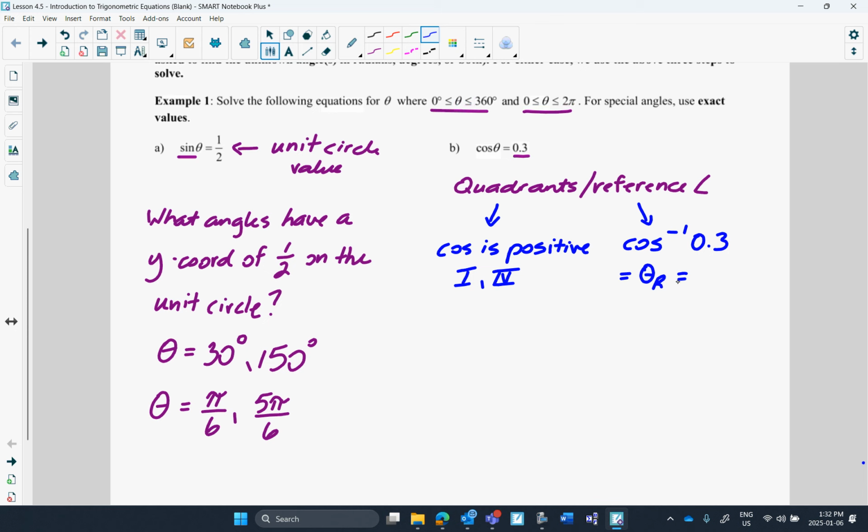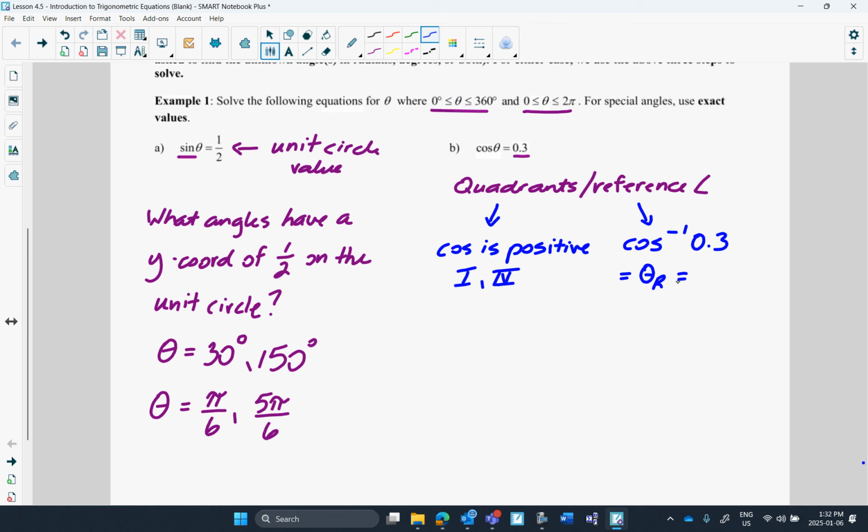So on this, just go to mode and you're probably in radian. If you look at the third one down, oh, you're in degree, okay. Usually it defaults. So you're fine. And so then what we want to do is take the inverse cos of 0.3.